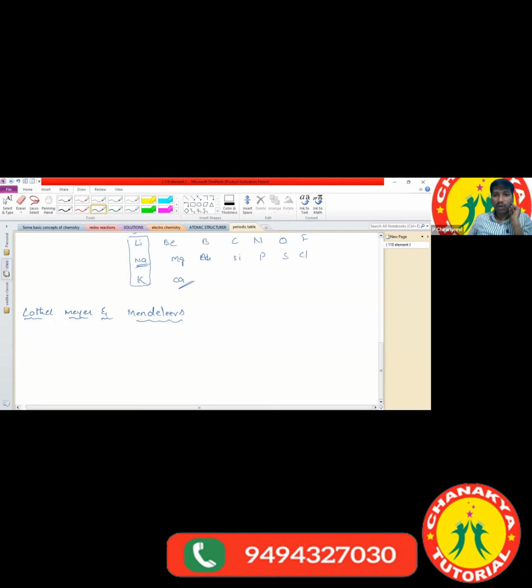First they started some experiments. They found out some physical properties. What physical properties did they find out here? They found out melting points, boiling points, atomic weights, atomic volumes. Atomic volumes also they found out here.